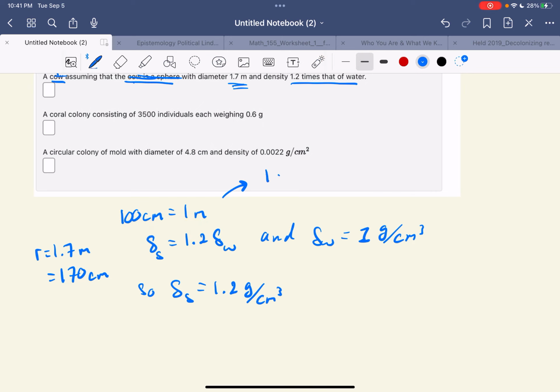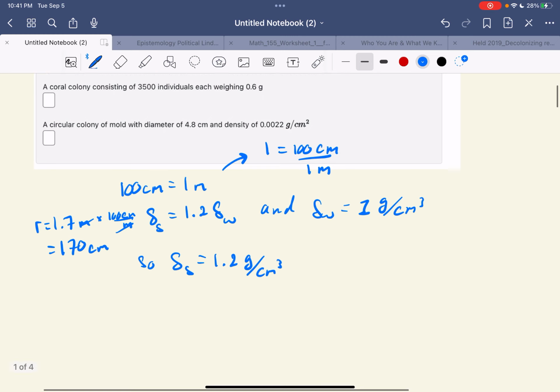The number 1 is equal to 100 centimeters divided by 1 meter, and since you can multiply by 1 without changing anything, we multiply by 100 centimeters per meter. Those meters cancel, and we're left with 170.